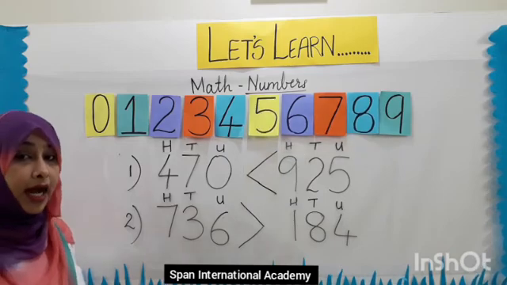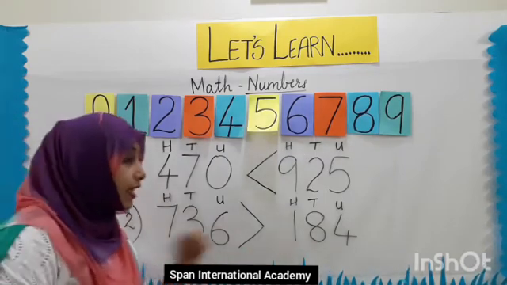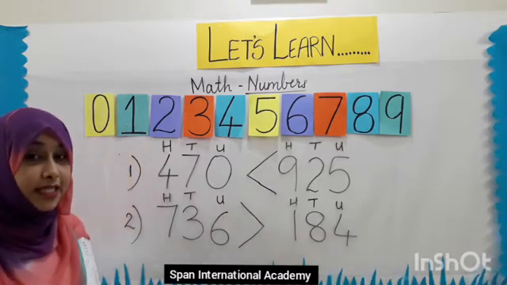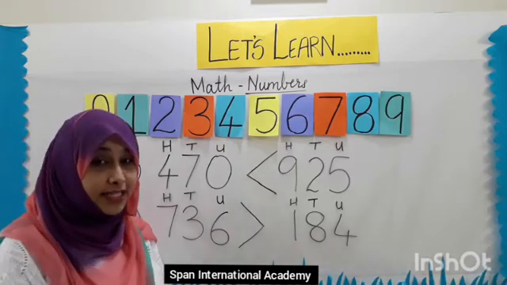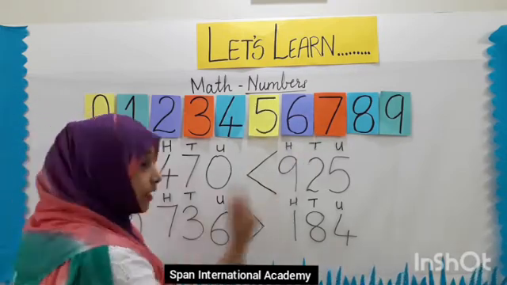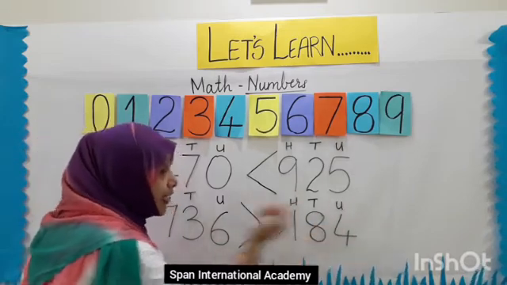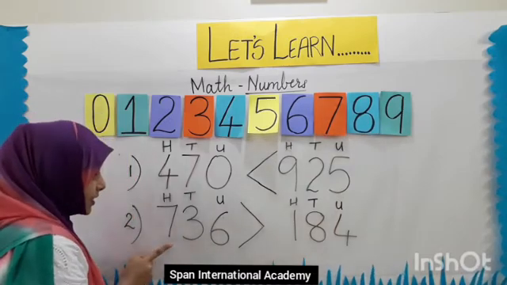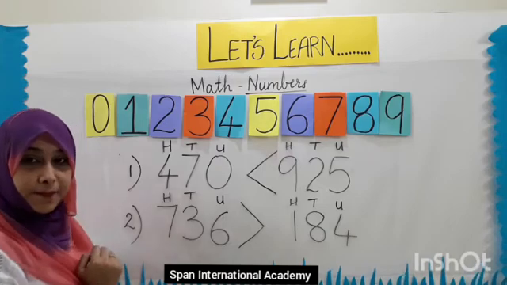How will we compare? The first one we discussed. So the second one, you all have to tell me. Which side do I start from? Which place? Yes, my right hand side. So I start with 4 units. In number 184, I have 4 units. And in number 736, I have 6 units.